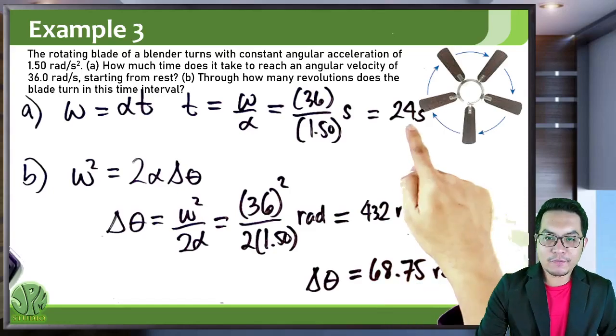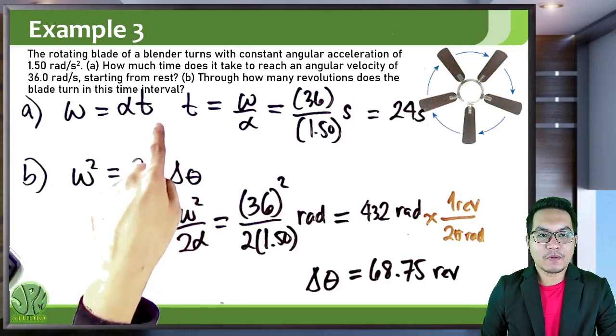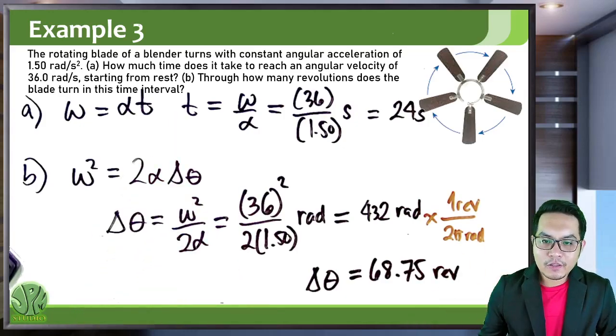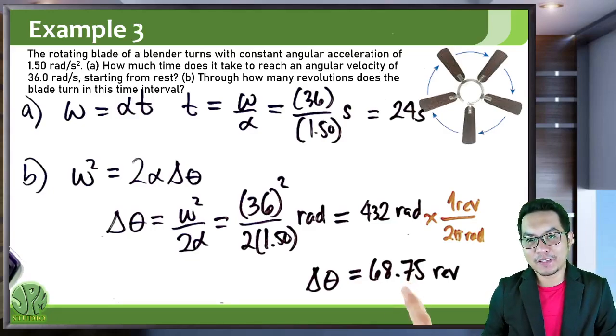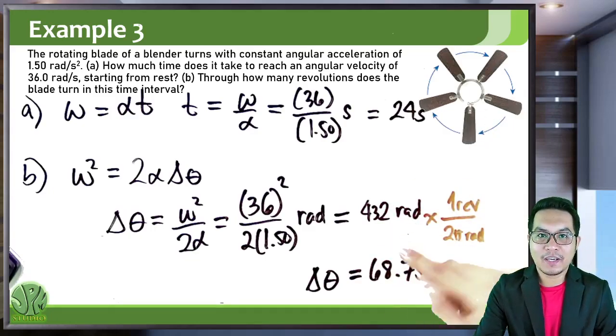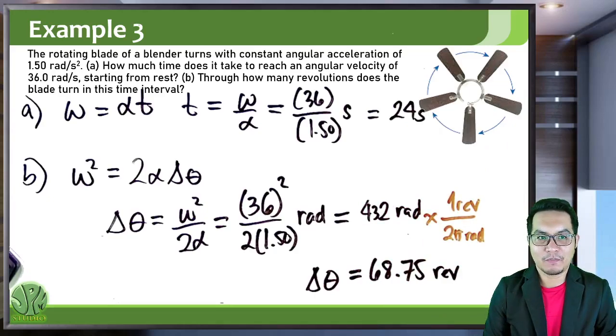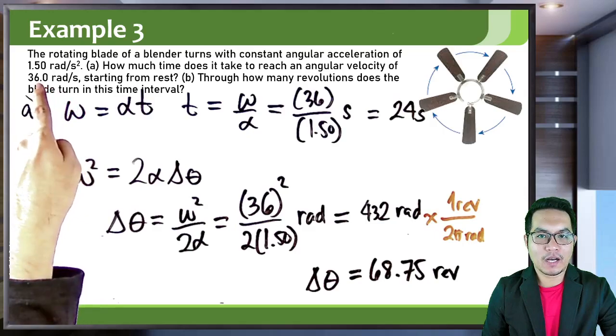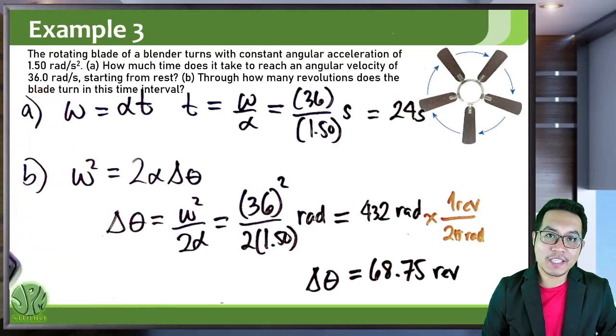So in 24 seconds, starting from rest, it rotated for about 68, almost 69. So 68 and 3/4 revolutions. And that's the time that it got to an angular velocity of 36 radians per second.